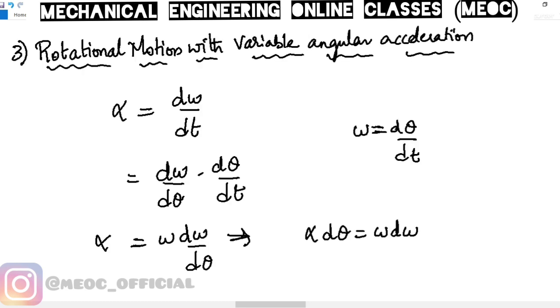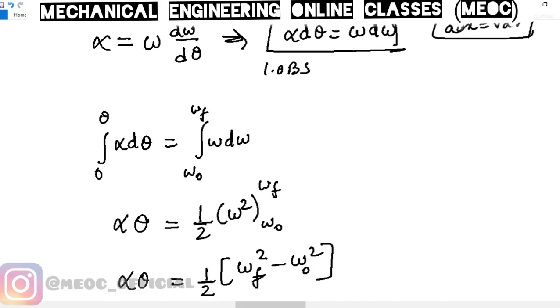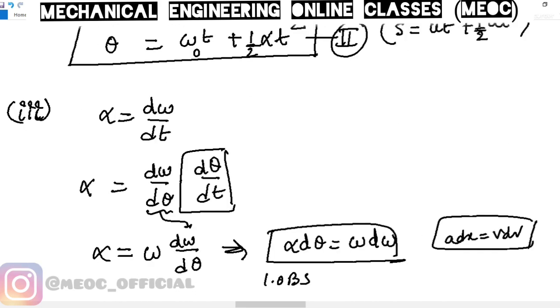Let us see the third type of fixed axis rotational motion with variable angular acceleration. So alpha is not constant, so alpha can be written as d omega by dt. D omega by dt can be written as d omega by d theta into d theta by dt, chain rule. So this will be the relation. We have just seen this relation in the second type of rotational motion here, this one.